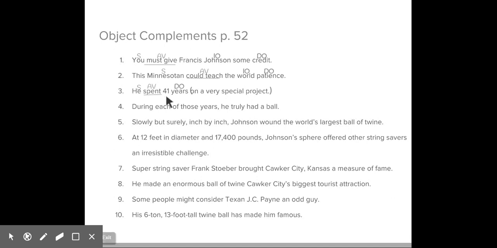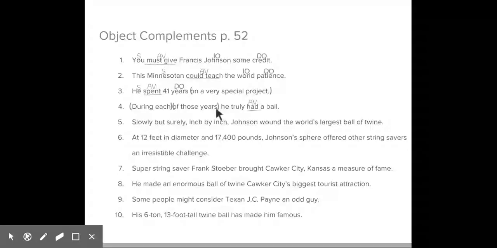Okay, we're doing number 4. It says, during each of those years, he truly had a ball. We have 2 prepositional phrases in that one: during each of those years. So we don't have to think about any of this now. He truly had a ball.